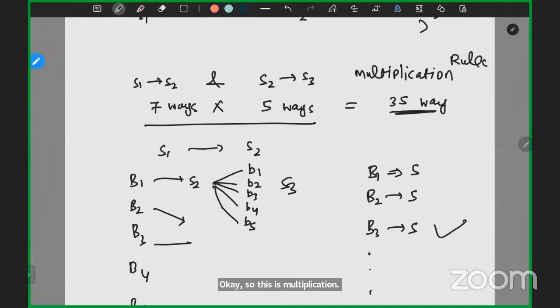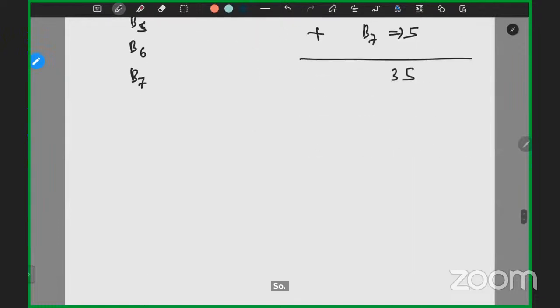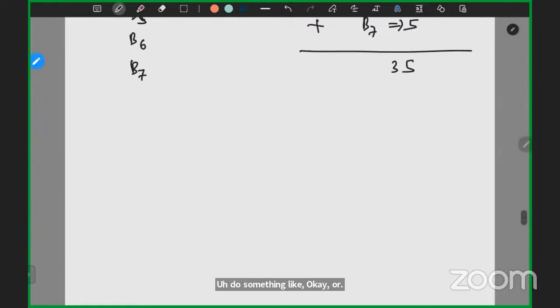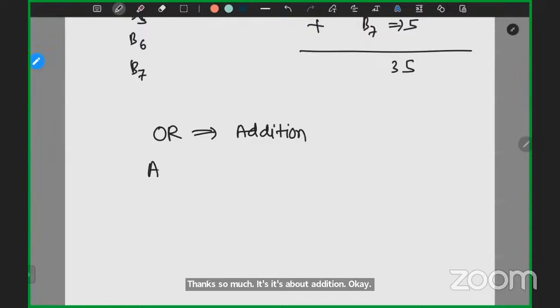When you get a question that says choose this or this, when you hear "or", don't think too much. It's about addition. When you hear "and", that is, do this and do this, the "and" is very important: I do task one, I complete task one, whatever it is, then I go to task two.